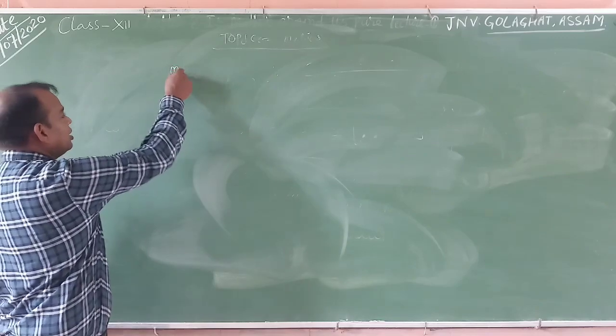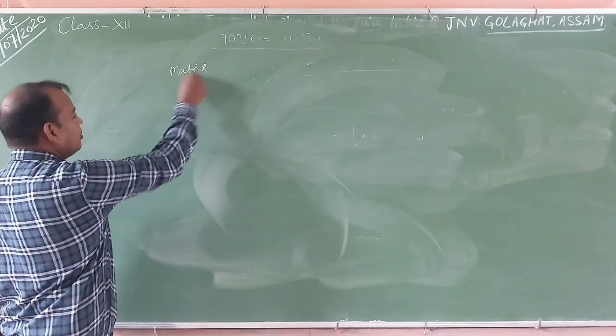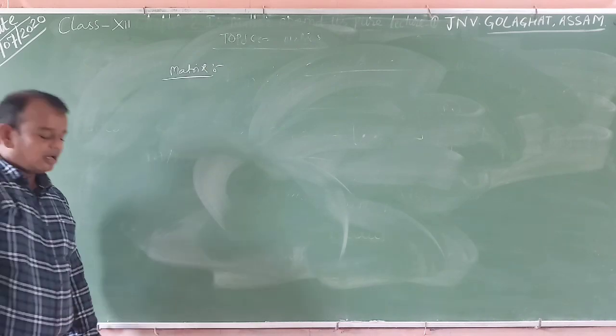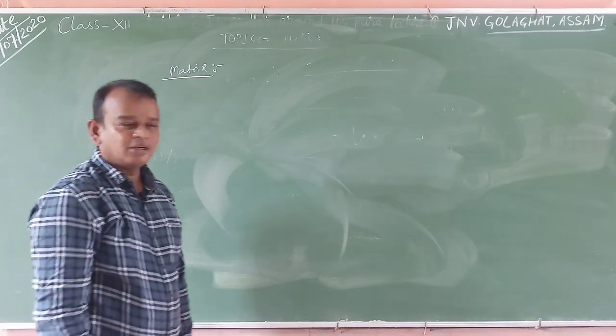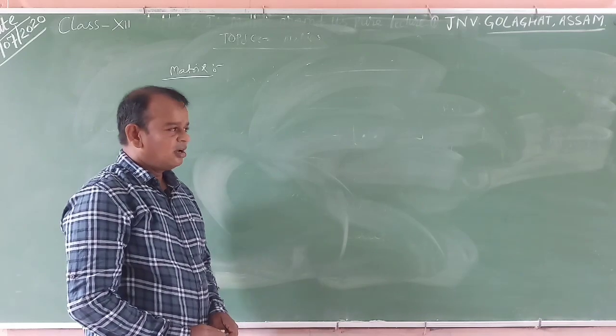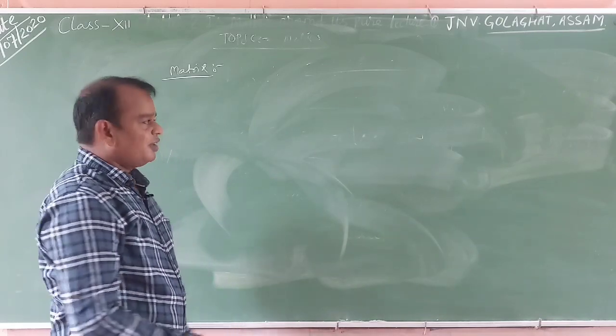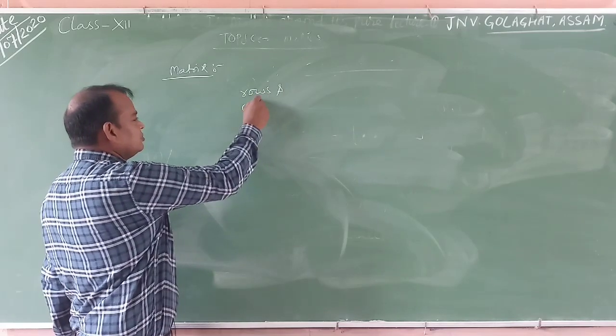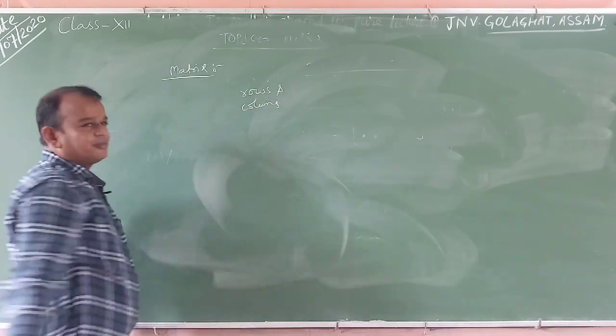Now, the definition of the matrix is the rectangular arrangement of numbers or functions arranged in fixed rows and columns. Rows and columns.